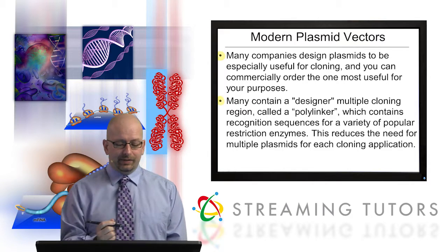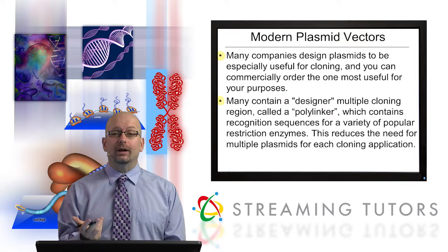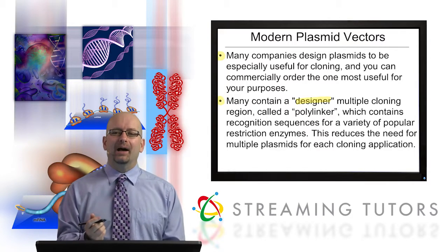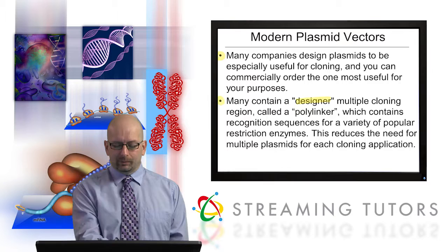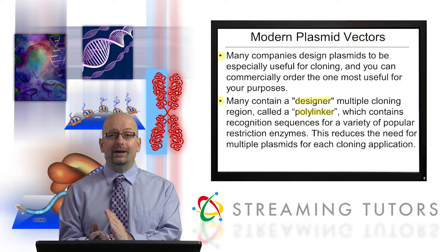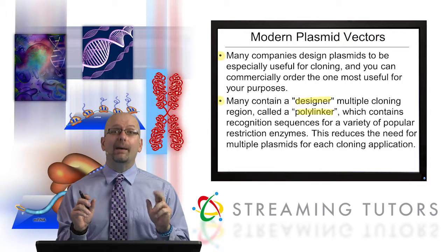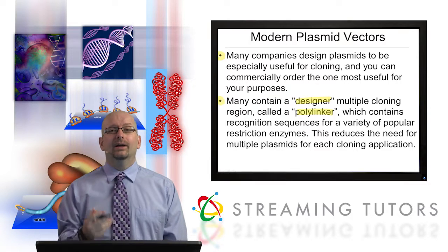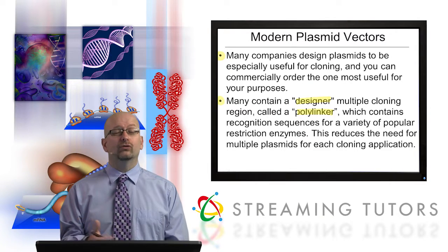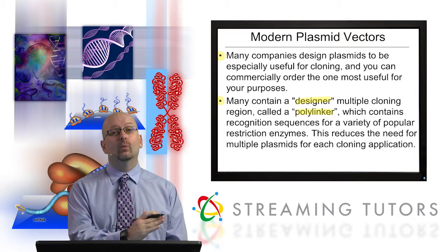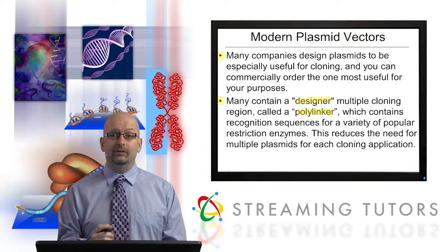A very common feature of many of these, some people call it a designer multiple cloning region, some people call it a polylinker, but what it means is it has restriction enzyme sites for a wide variety of popular restriction enzymes, ones that are used a lot. So what this reduces the need for is to have a different plasmid every time you want to do something different. You can have one that can be used with a variety of different restriction enzymes.